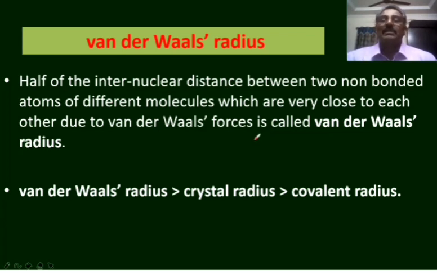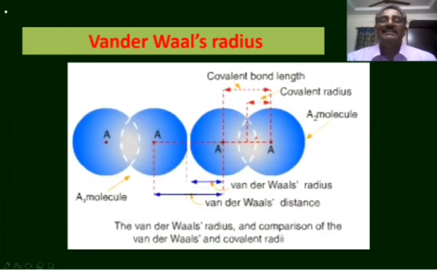The atoms are not bonded to each other, but they are very close to each other due to van der Waals forces. Then half of the distance between those atoms is considered as the van der Waals radius.